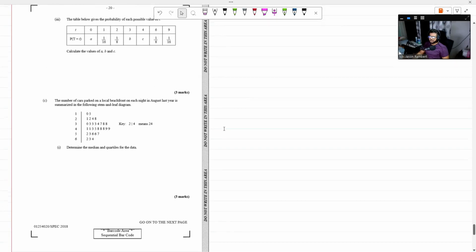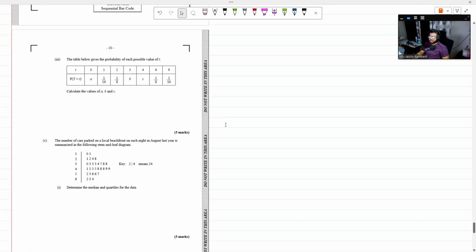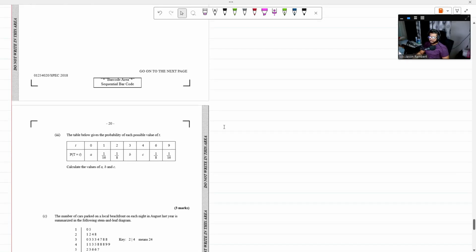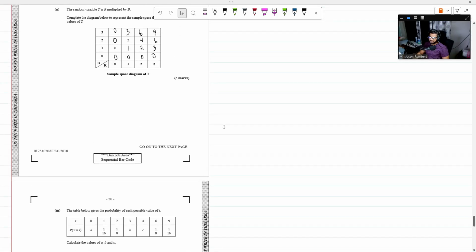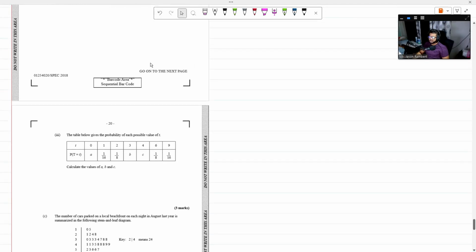Okay. All right. The table below shows the probability of each possible value of T. Calculate the values of a, b, and c. So, if the probability that T is equal to 0 is a, from the sample space, how many times is T going to be equal to 0? 1, 2, 3, 4, 5, 6, 7 out of 16.